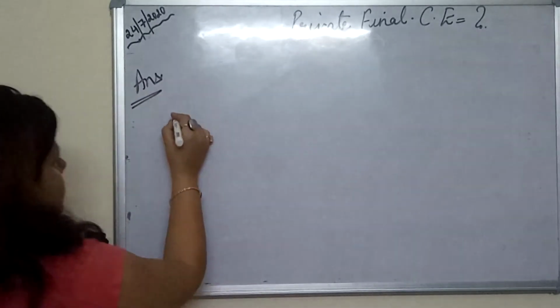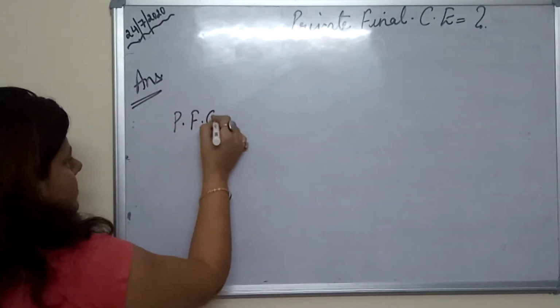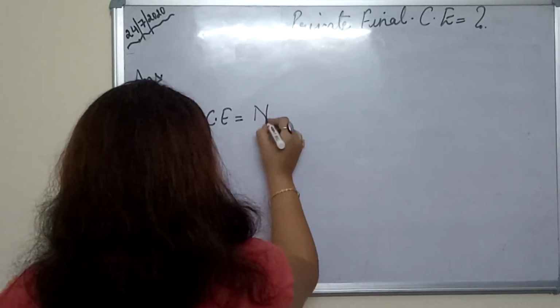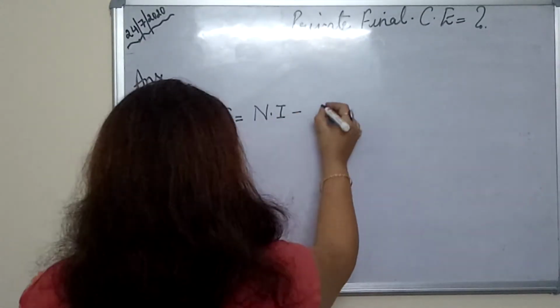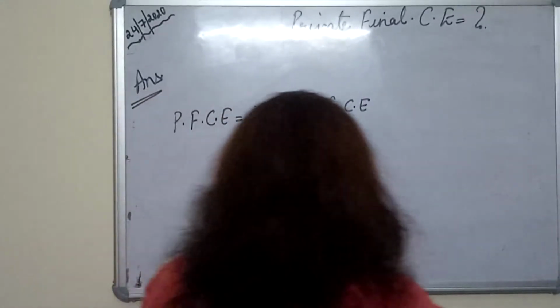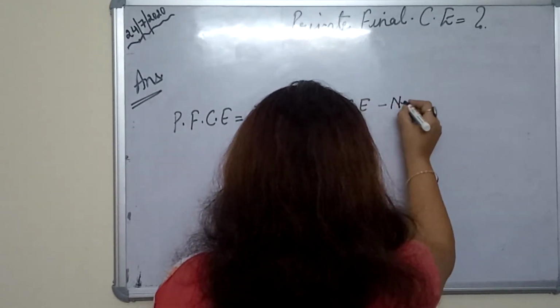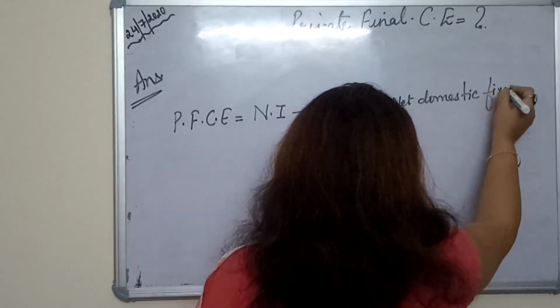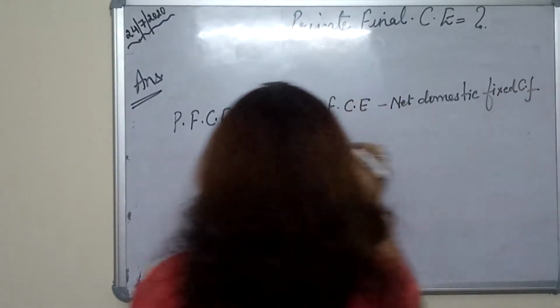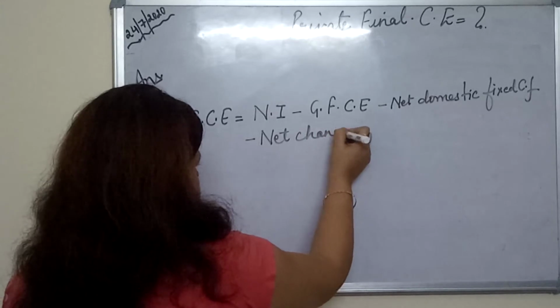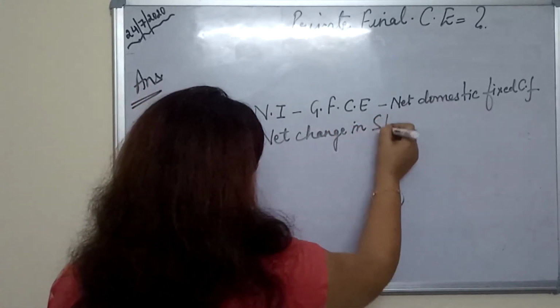So what is national income which is given? Okay, minus government final consumption expenditure, minus your net domestic fixed capital formation, minus your net change in stock.